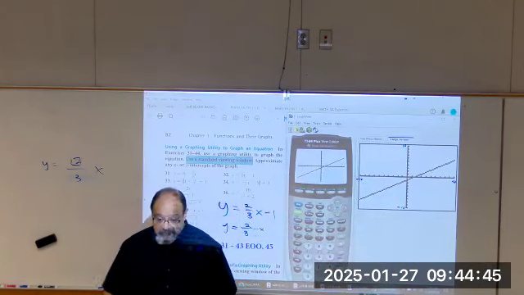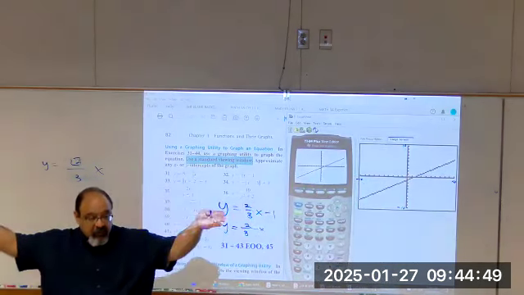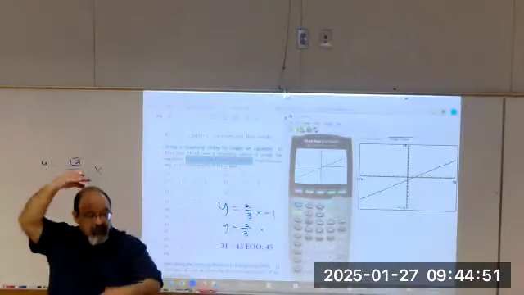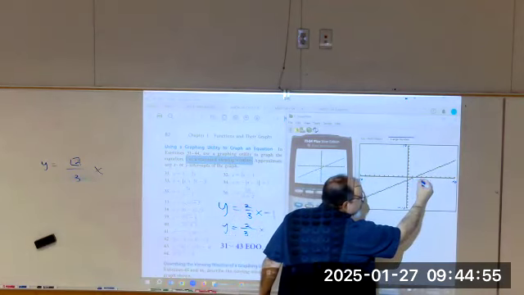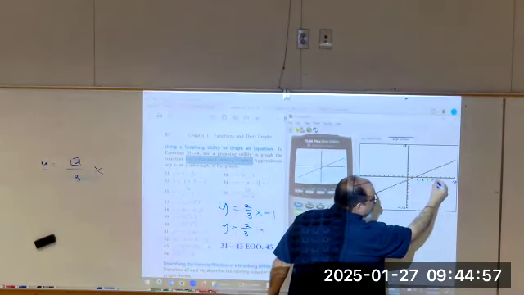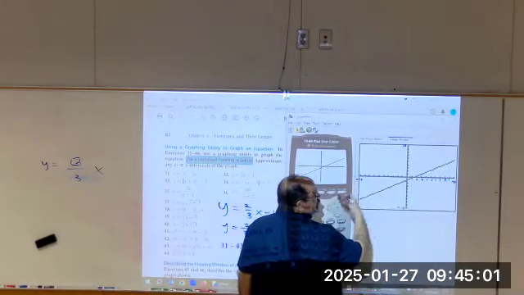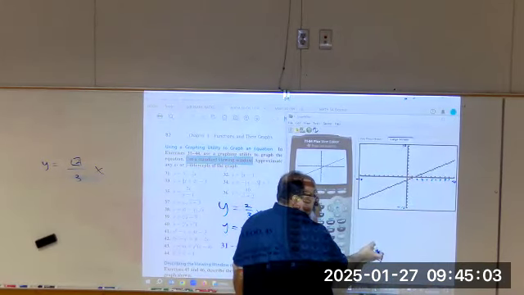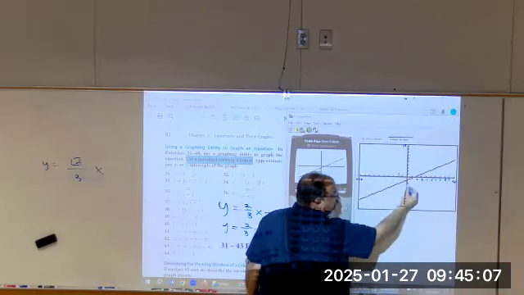So that's the standard viewing window. From the x-axis, -10 to 10, y-axis, -10 to 10, and these little notches are 1 unit apart. That's what happens every time you press zoom standard.